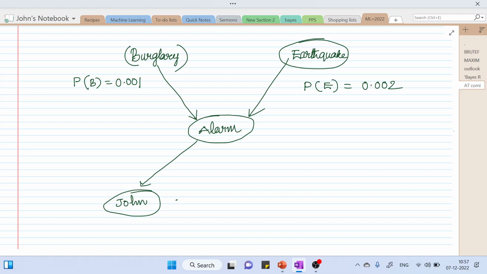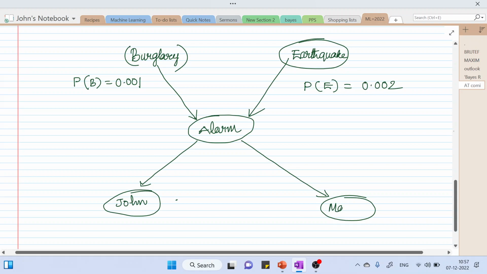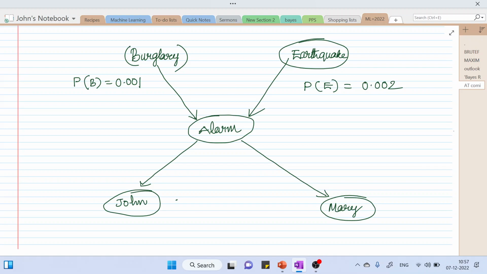Because we cannot rely completely on a single person, he also asked another neighbor called Mary to call. But there is a problem. Sometimes John puts on loud music, so he may miss the alarm. There is a chance. Mary has some other sounds. Even if the alarm doesn't ring, she sometimes assumes that the alarm has rung.